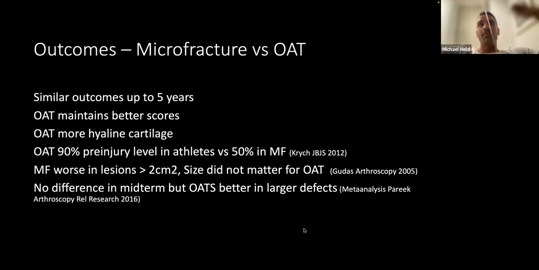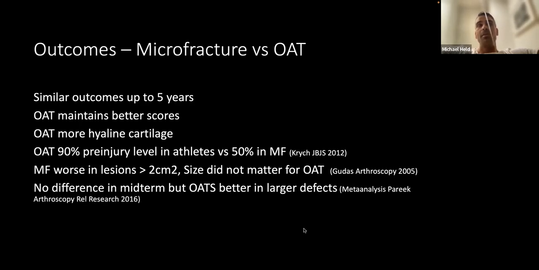You return to activities in 6 months, you're back playing soccer, provided there are no other injuries in the knee, compared to a microfracture where it takes a bit longer, 9 months. And with OAT you're replacing like with like, whereas with a microfracture you've got scar cartilage. So all in all, the OAT is ideal for a young, active male patient that wants to go back quick and do activities for longer.